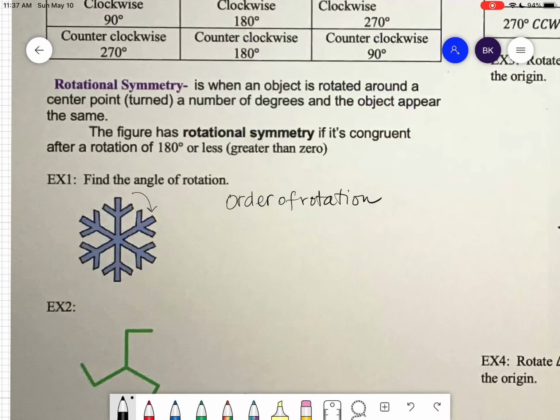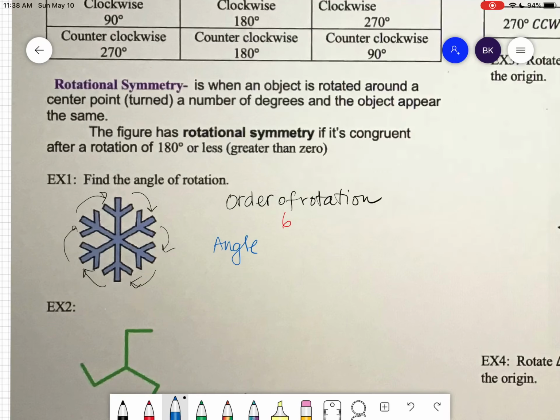If I take a look at this snowflake, I don't know how many degrees yet, but if I turn it once, it will look identical to the original shape. And twice, 3 times, 4 times, 5 times, and 6 times. So I'm noticing 6 is our order of rotation. I can turn the shape 6 times and it will look the same.